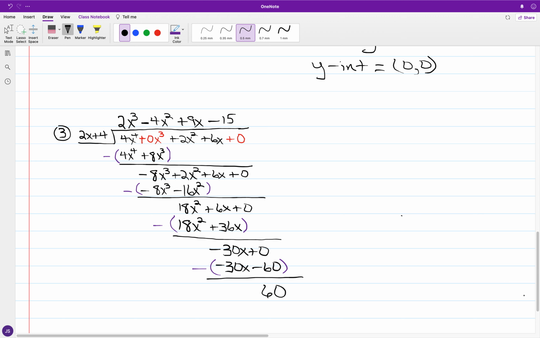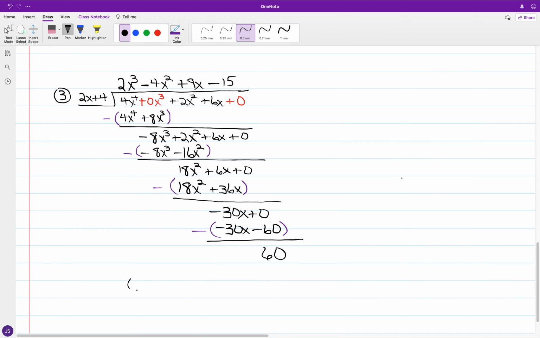So it's going to turn out that for the quotient, you have 2x cubed minus 4x squared plus 9x minus 15. Again, we have the remainder, which is going to be 60. So just with the quotient and remainder apart, we have this set of results.